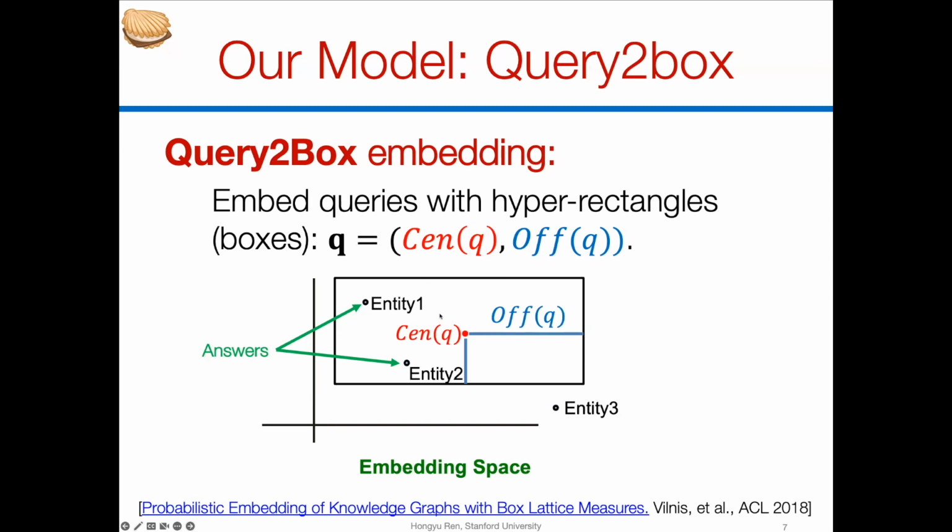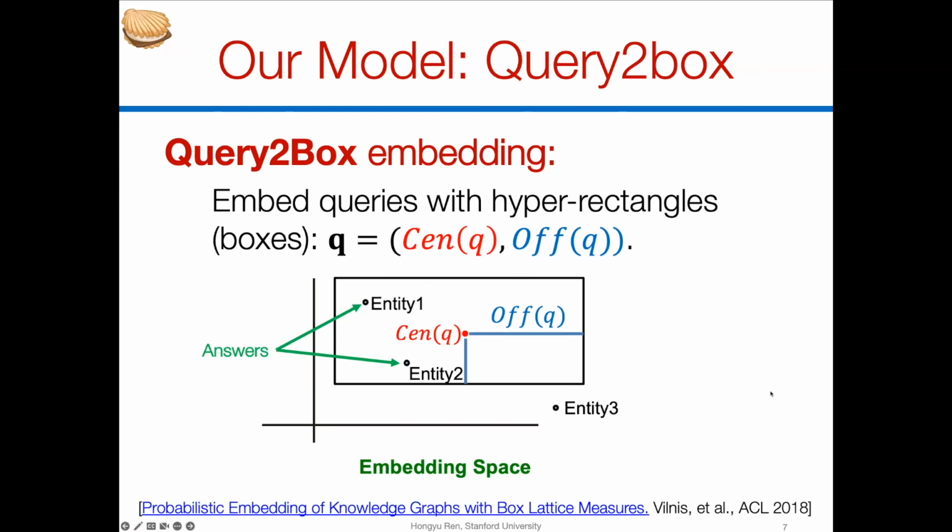This is inspired by the previous work, probabilistic embedding of knowledge graph with box lattice measures. But in their work, they use the box embedding to model the ontology of a knowledge base. But here we use the box to embed the query and to model the neural reasoning process.